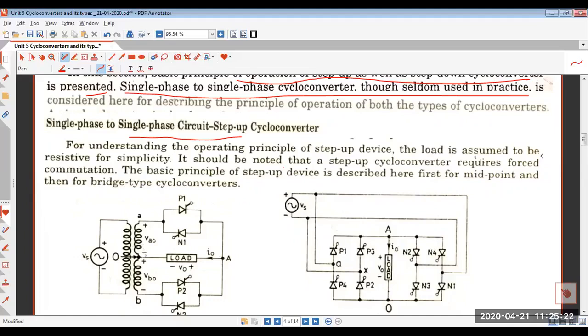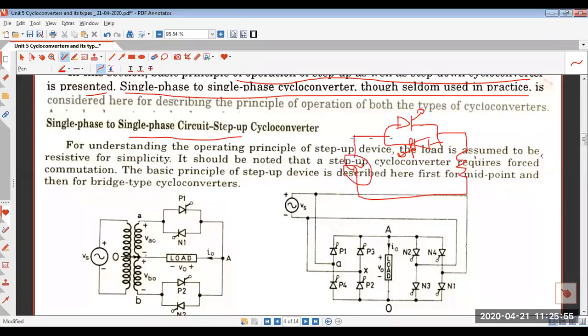There, for single phase, if you have gone through the notes, you must have seen that in a single phase AC voltage controller, you use two SCRs which are connected in anti-parallel to one another, right? This is how they are connected. And then you connect a load and then a supply.